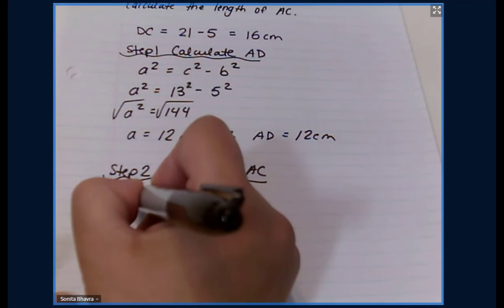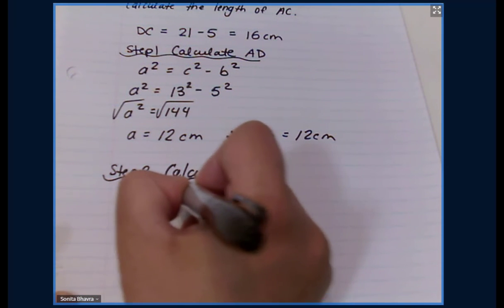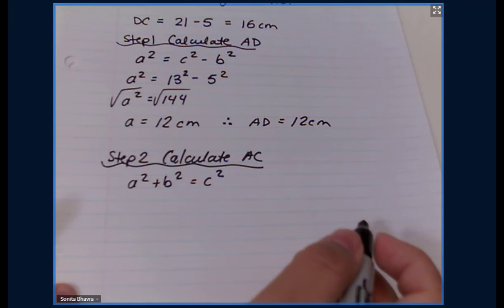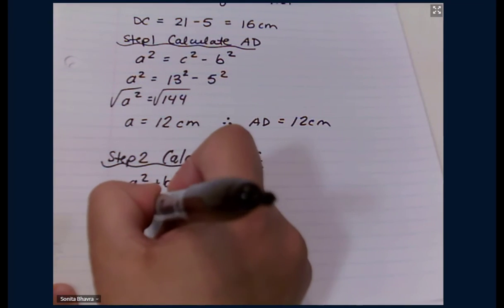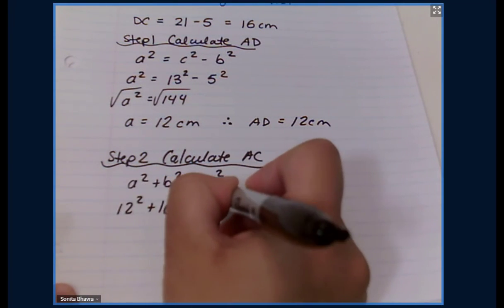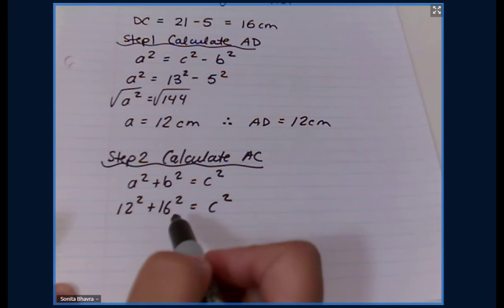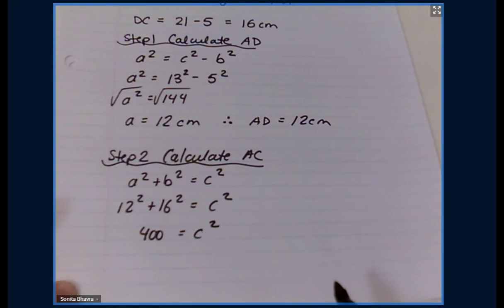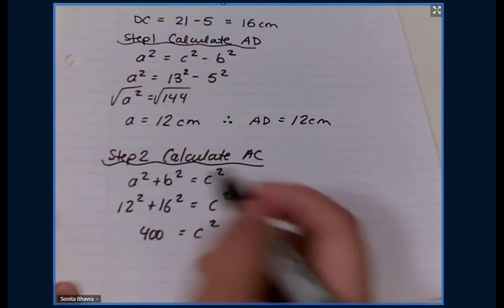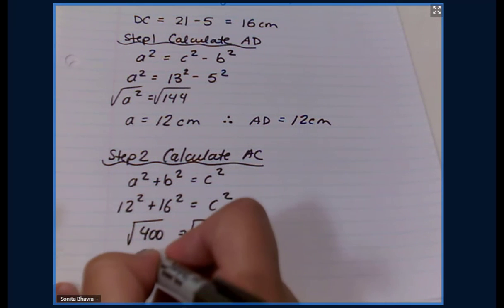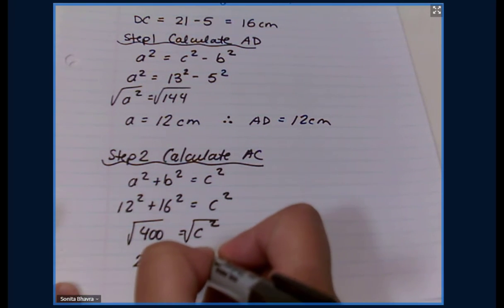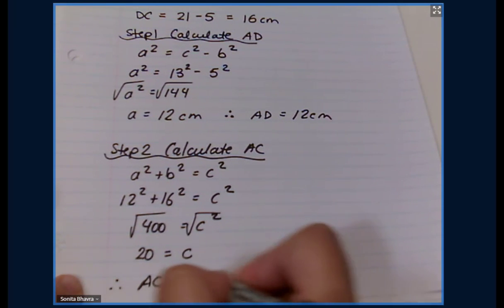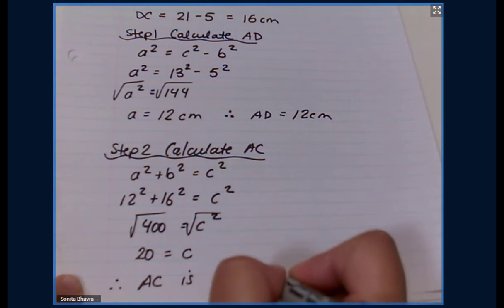All right, so A squared plus B squared is equal to C squared. And so we have 12 squared plus 16 squared is equal to C squared. 12 squared plus 16 squared gives me 400 is equal to C squared. And then we'll just take the square root of both sides to give me 20 is equal to C. So therefore, AC is 20 centimeters.